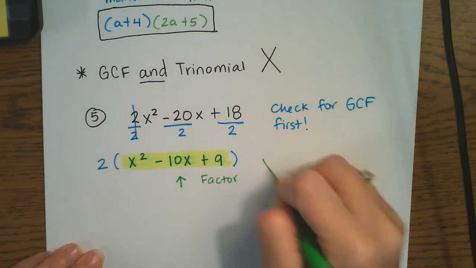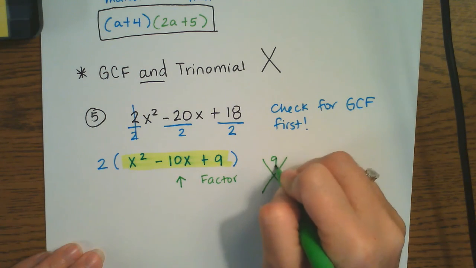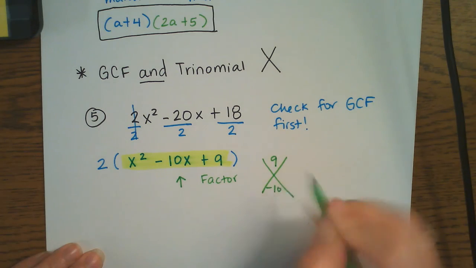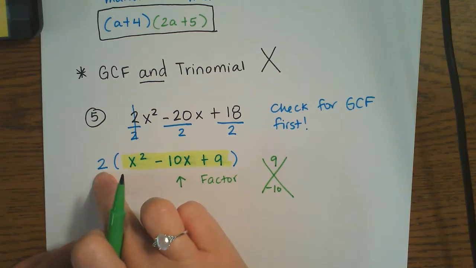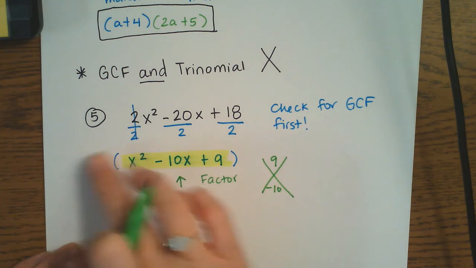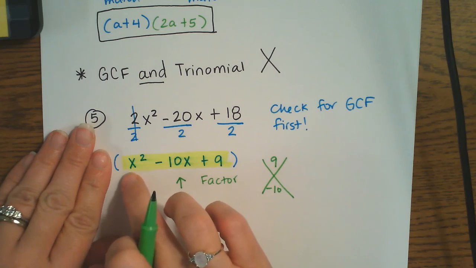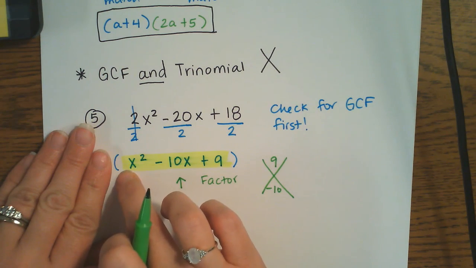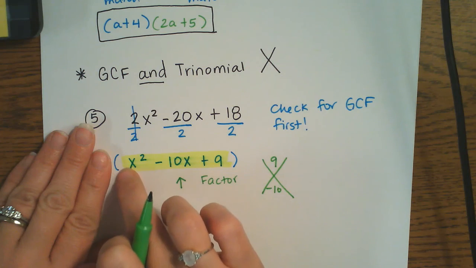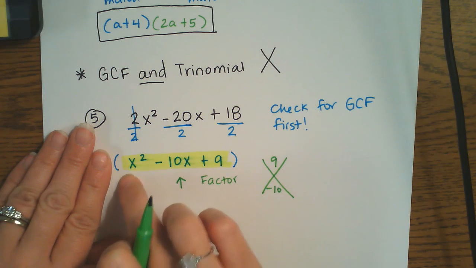So I'll find factors of 9 that add to -10. And I don't need to use this 2 to multiply to the 9. It is not part of what I'm doing right now. I kind of ignore it. I don't have to multiply anything to the 9 because I don't have a number in front of x squared.